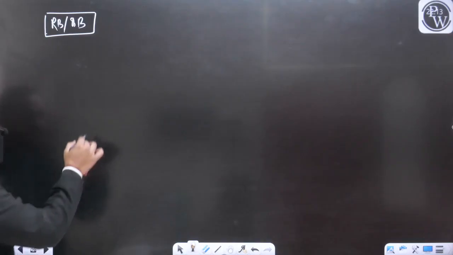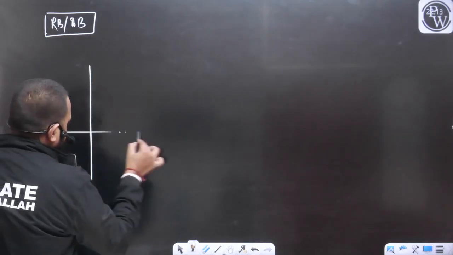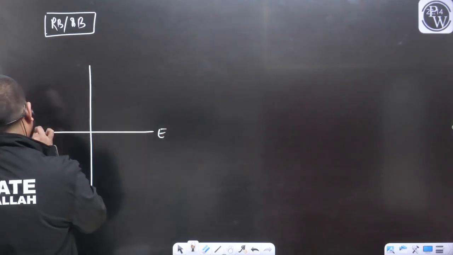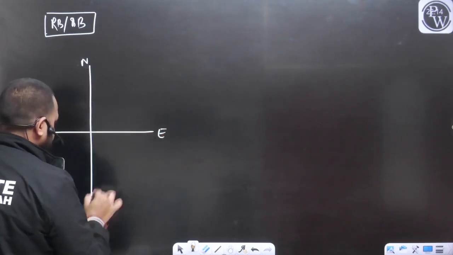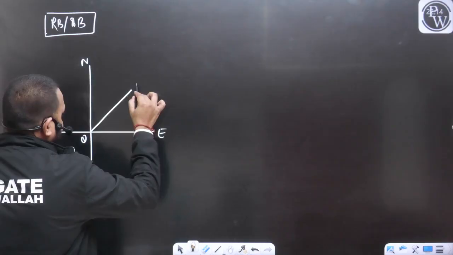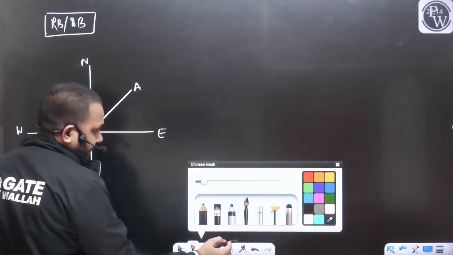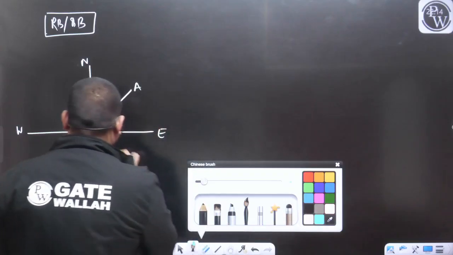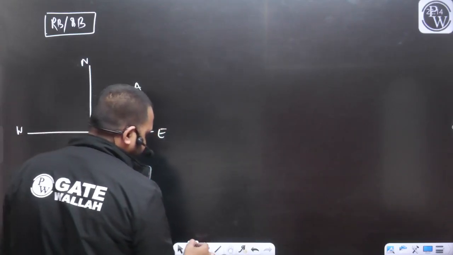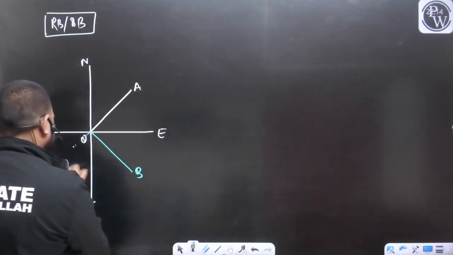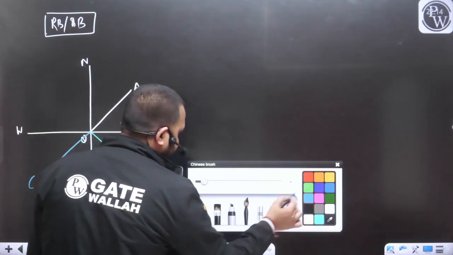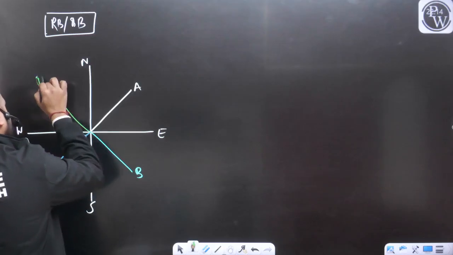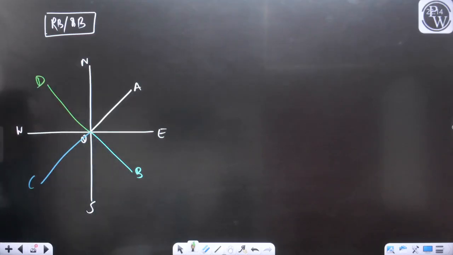Let's take the same example. This was your east, west, north, south. This was the point O. This was the line A. This is going to be the line B. This is going to be the line C. And this was the line D, the line OD.